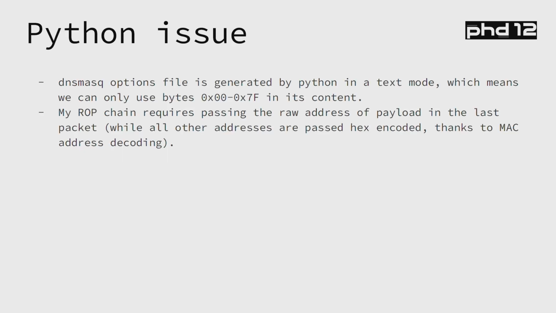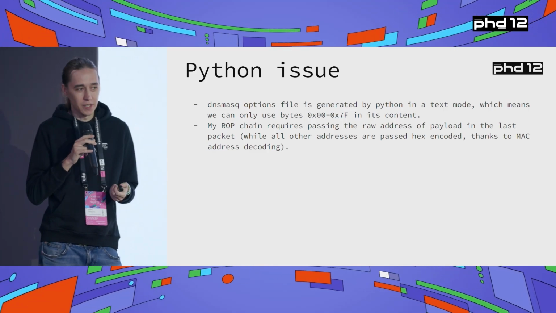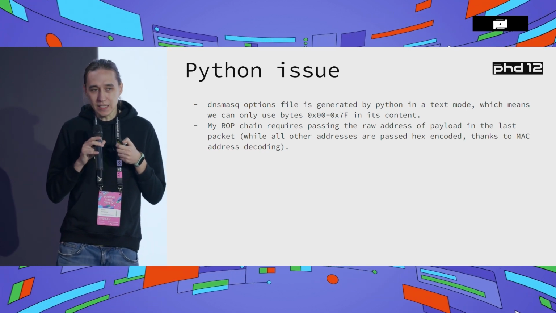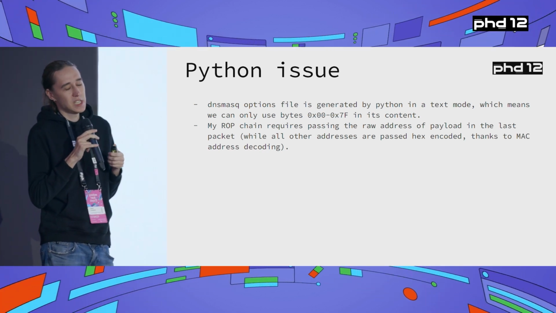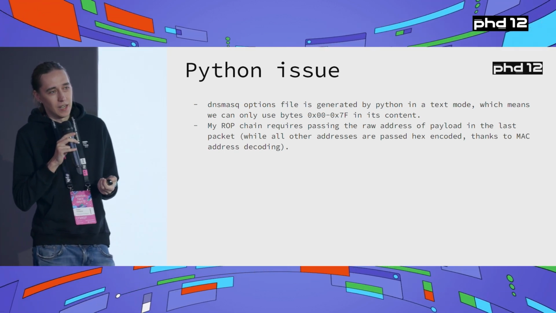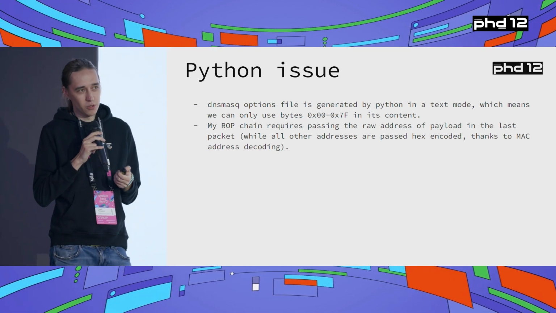There is another issue. This dnsmasq config is generated using Python, in text mode, which means that we should either be using valid Unicode or bytes from the range 0 to 0x7f.